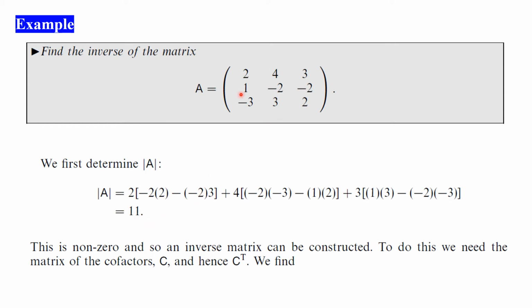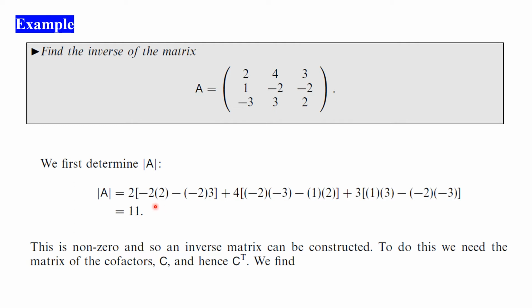Again, you can use any of the rows or columns of your matrix A to find the determinant of A. For this example, the determinant of A is equal to 11. As you can see, this is non-zero, and so an inverse matrix can be constructed.